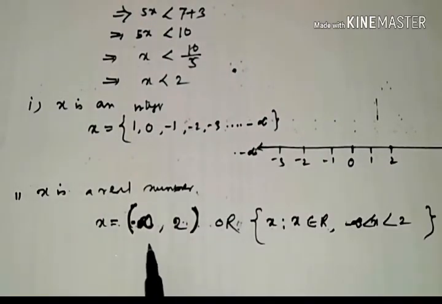It is very easy, but it must be expressed in interval form or set builder form. So these are the problems. In the next class also I shall discuss some problems.